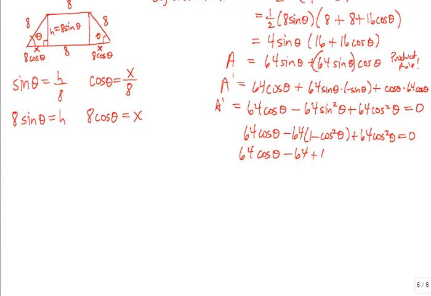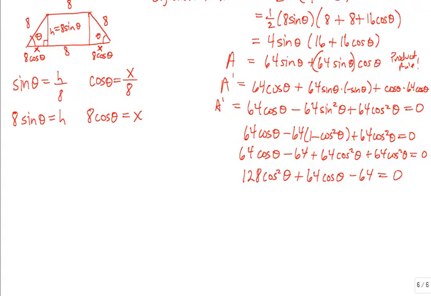We get a plus 64 cosine squared theta plus another 64 cosine squared theta. So this is going to become a quadratic equation. 64 cosine squared plus 64 cosine squared is 128 cosine squared theta. And then I'm going to put this 64 cosine theta in the middle and my minus 64 on the end.